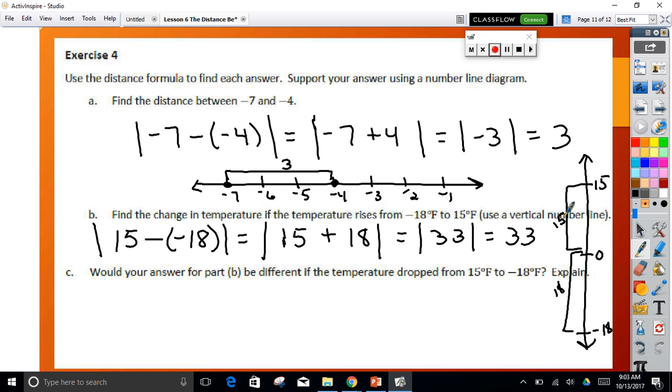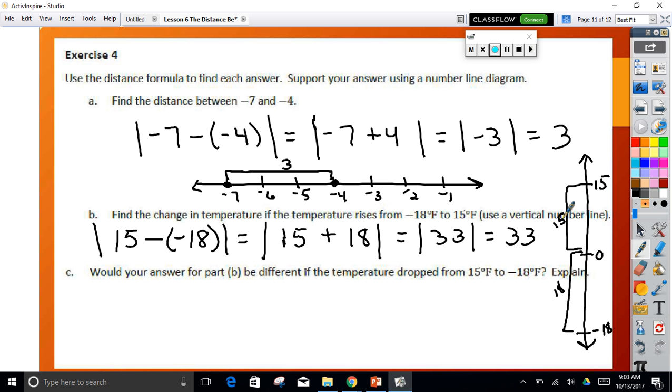But part C asks us, would your answer for part B be different if the temperature dropped from 15 to -15? Would we use a different answer, Katie? Now, when we're talking about distance, it's always positive. But when we're talking about change, it can be positive or negative.